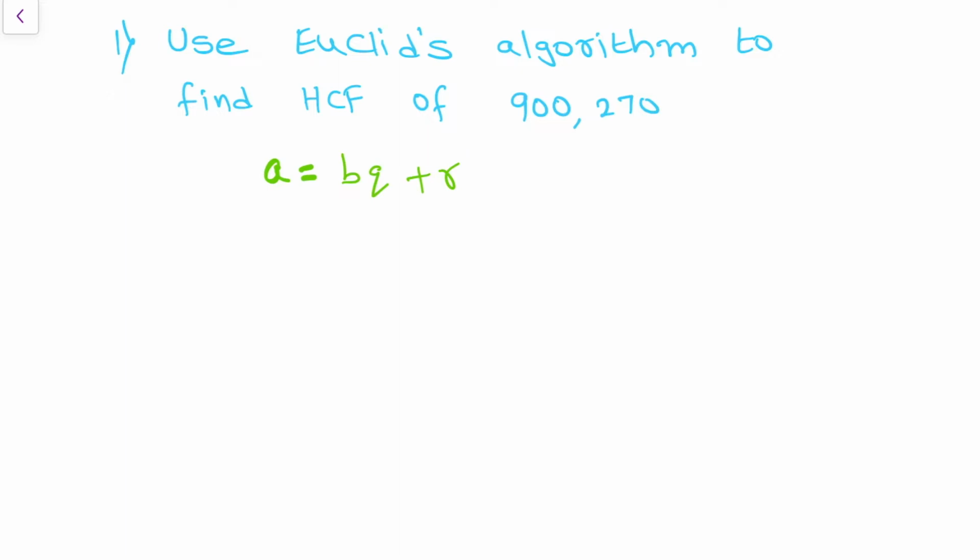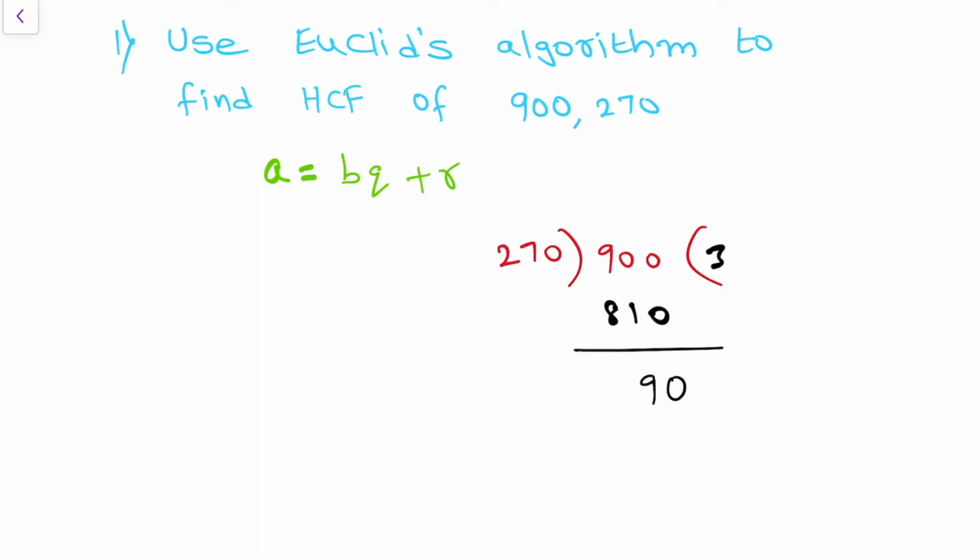So how to solve this problem? First, take the two numbers which are given and do division. Smaller number as the divisor, that is on the left side, and bigger number as the dividend, that is in the middle. 3 times 270 is 810. Do subtraction. 900 minus 810 is 90.